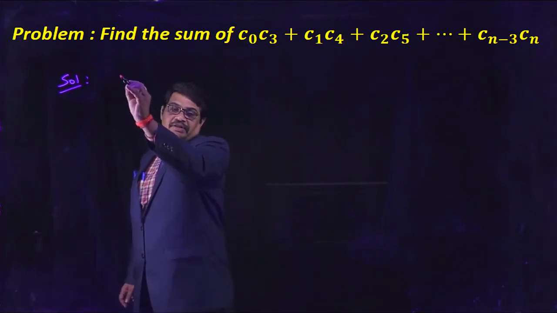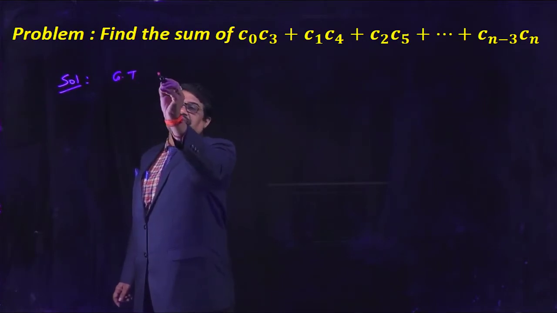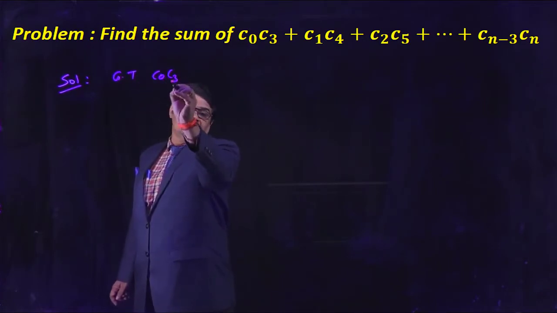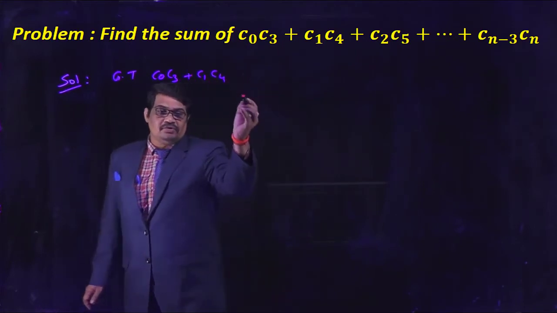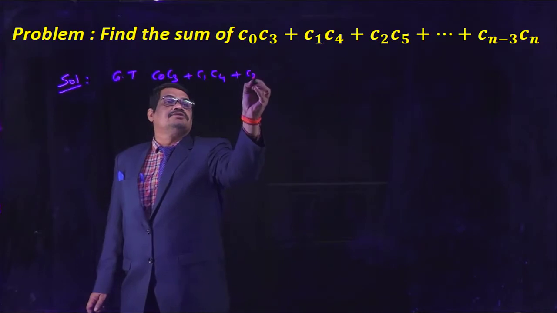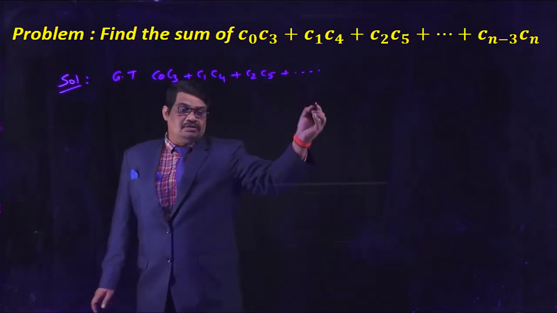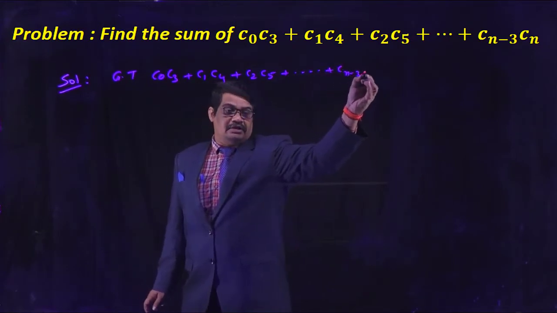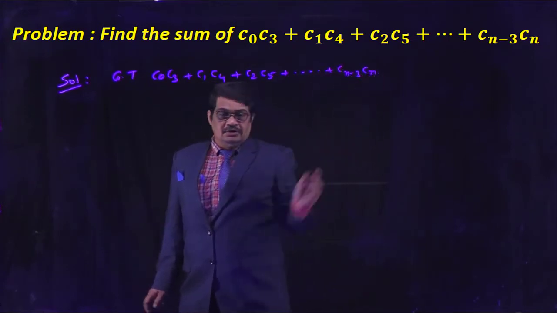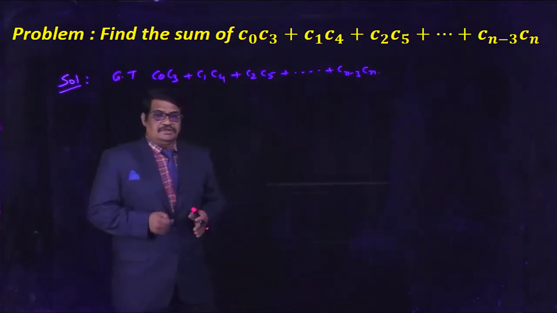I have to find the sum of the series. The given series is C0 C3 plus C1 C4 plus C2 C5 plus so on plus Cn minus 3 into Cn. Now we have to find the sum of this series.